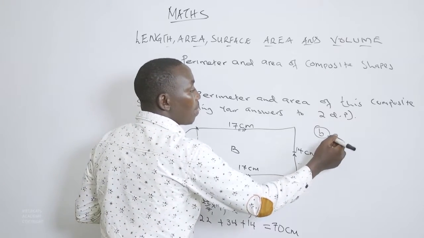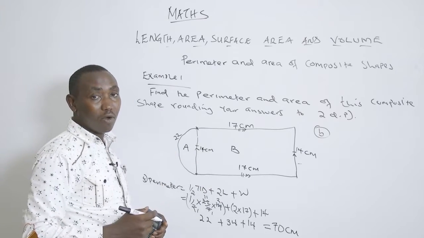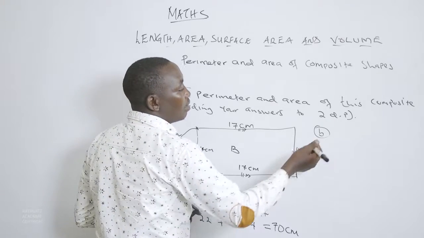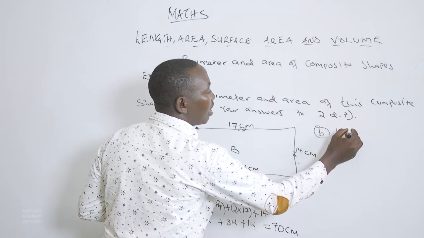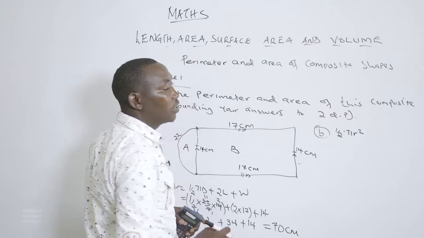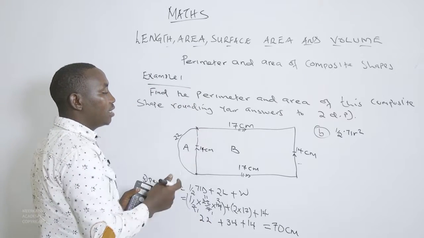Therefore, area of A will be given, because it is a half of a circle, by a half multiplied by pi r squared, where r is the radius of this circle.